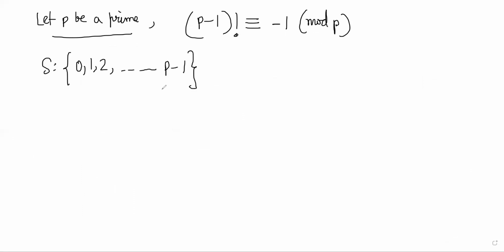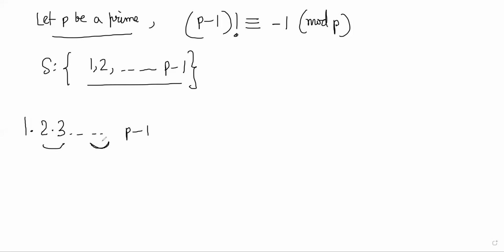It does not include 0. All the remainders from 1 to P minus 1. And then if you multiply all of them, we'll take 1 and 2 and 3 and so on till P minus 1. And we will be able to find numbers here which will be inverses of each other.